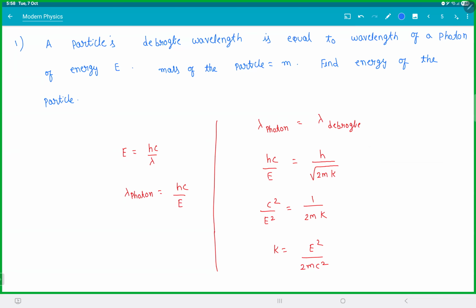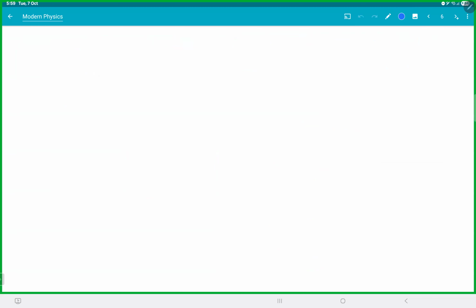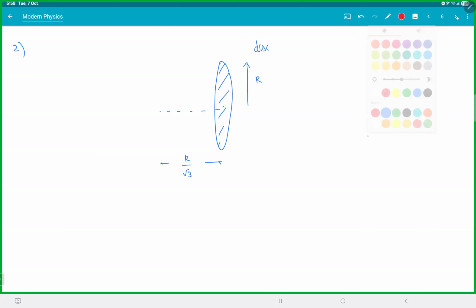Let's see one more. We got a disk here of radius r, and at a distance of r by root 3, there is a light bulb whose power is 10 watts.